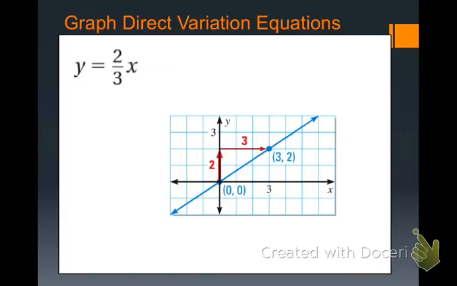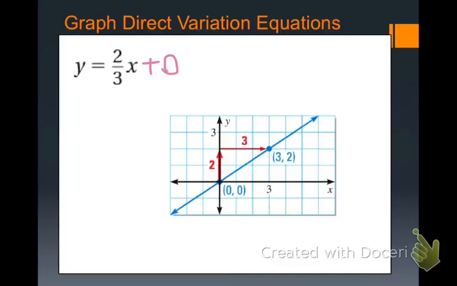Notice, y equals ax is a linear equation that is in slope-intercept form, where m equals a and b equals 0. So the graph of a direct variation equation is the same thing as slope-intercept form, except there's an implied plus 0.